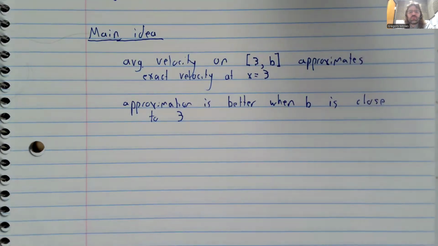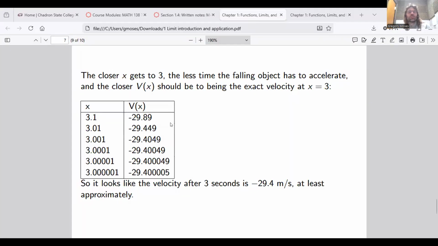Let's look at a table of values now. Okay, so my notation in the notes is slightly different than what I'm doing in the video. But if we look at what we have here, we have a table. And these values are the B values. They are the endpoints of the interval.